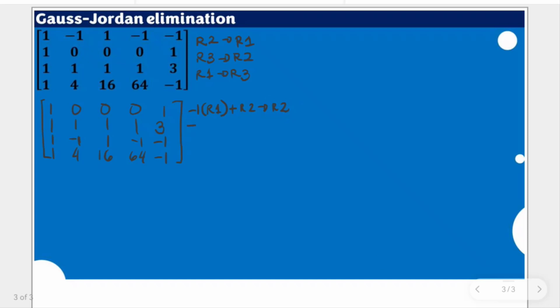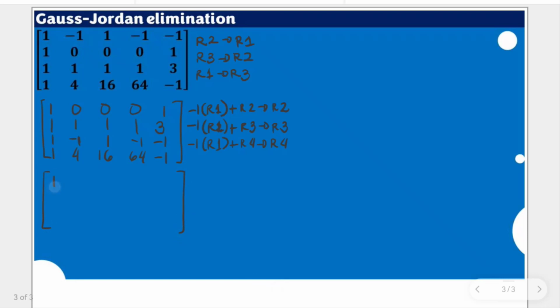Same thing, multiply negative 1 to row 1, plus row 3, and make it our new row 3. Then, multiply again negative 1 to row 1 plus row 4 for it to become the new row 4.